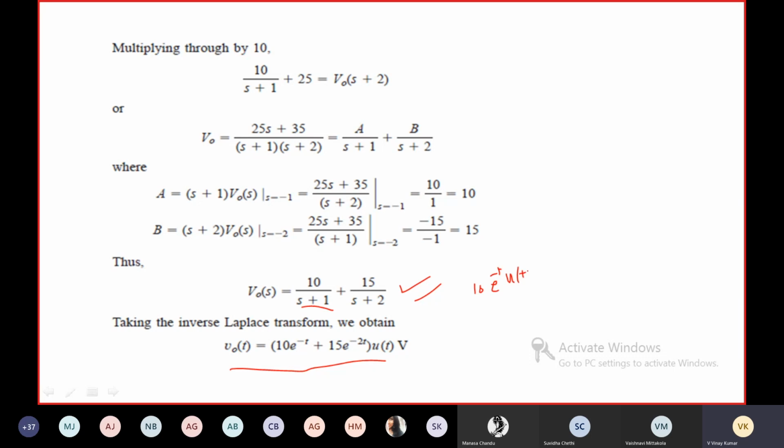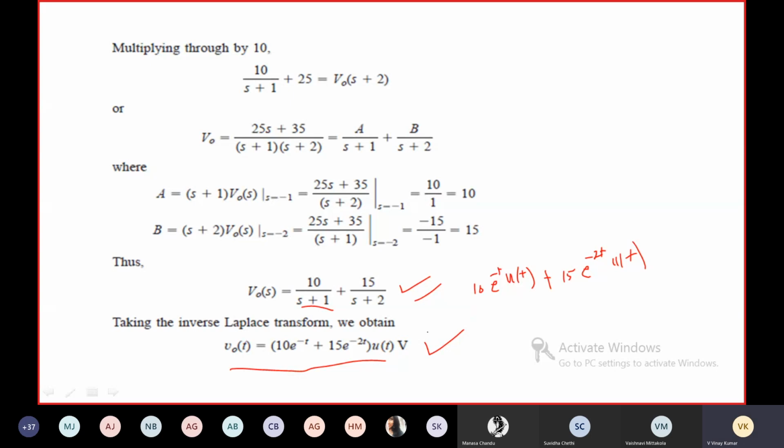Plus the Laplace inverse of this is 15 e power minus 2t u of t. So finally, V naught of t is equal to 10 into e power minus t plus 15 into e power minus 2t into u of t.